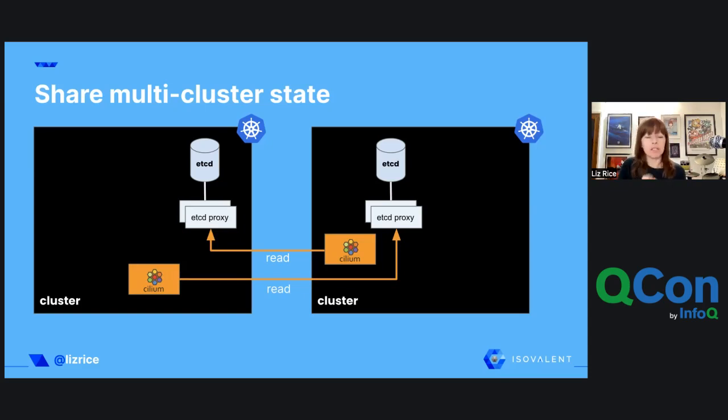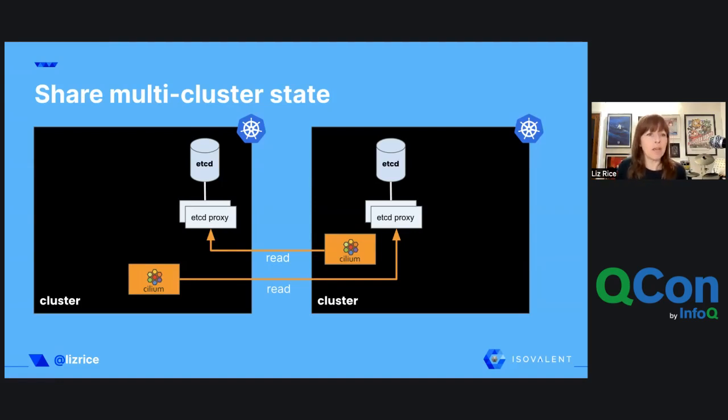And we run some etcd proxy components that allow us to just find out about the multi-cluster specific information that we need so that the Cilium agents on all the clusters can share that kind of multi-cluster state.